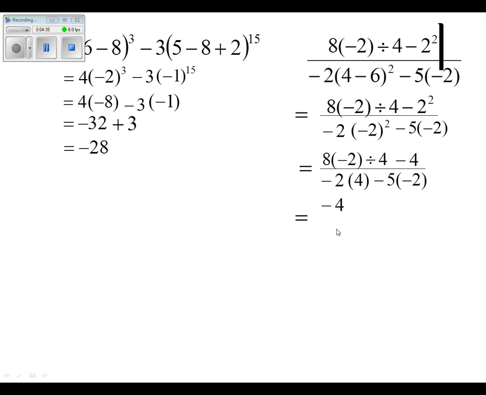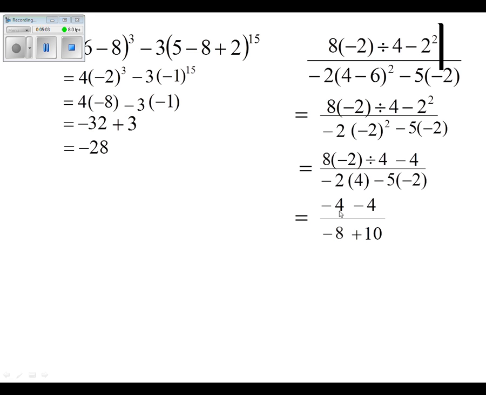Now we have to do all the multiplying, so 8 times -2 is -16, divided by 4 is -4, and then this back -4 carries down, and then -2 times 4 is -8, and -5 times -2 is +10. Now we do the addition on the top as well as the bottom.